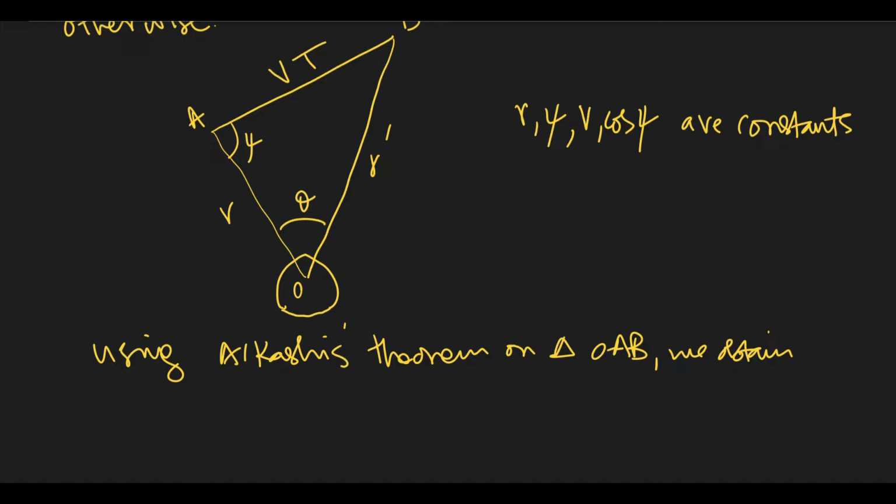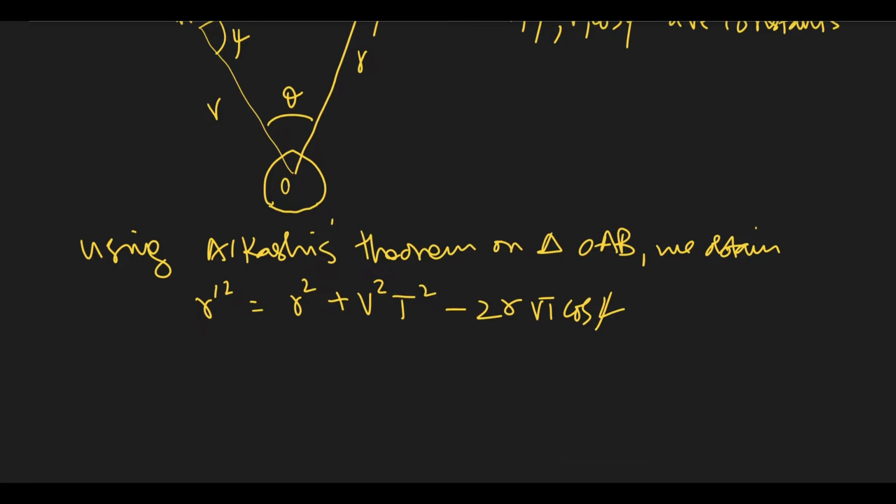Okay, so using Alkashi's theorem with angle phi, we obtain r prime square is equal to r square plus v square t square minus 2rvt cos phi.